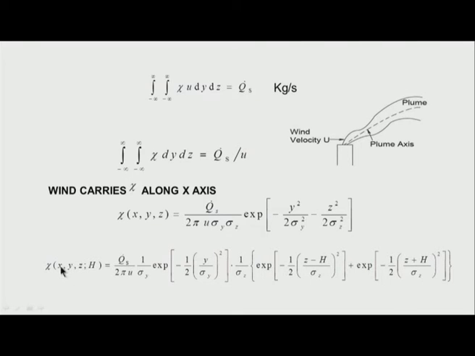Therefore, when I have dispersion at a point x, y, z from a release at a height h above the ground, the value is q dot s divided by 2 pi u, divided by sigma y, sigma z, into the forward term with z minus h instead of z, plus the reflected one: it goes by h, comes back by h, so z minus h plus 2h is z plus h, the reflected one from the ground.